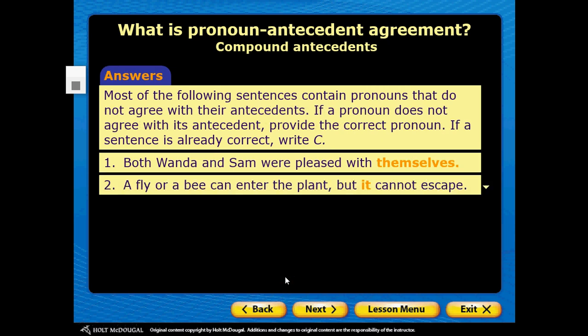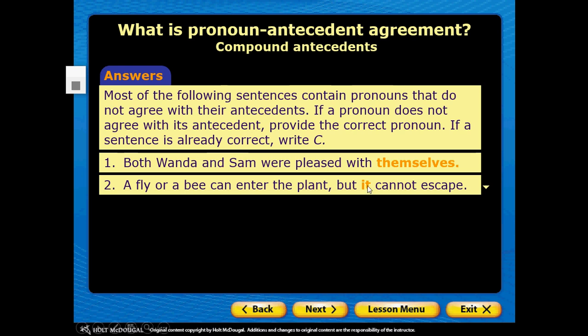It. A fly or bee can enter the plant, but it cannot escape. Do you see? We have to use the singular. The antecedents are singular, a fly or a bee. Therefore, we have to use the correct pronoun, it.